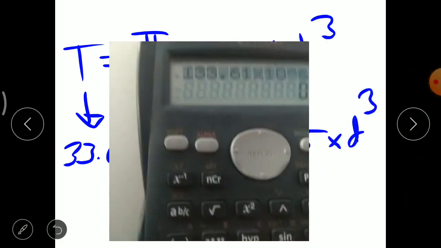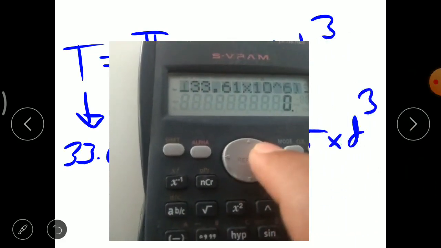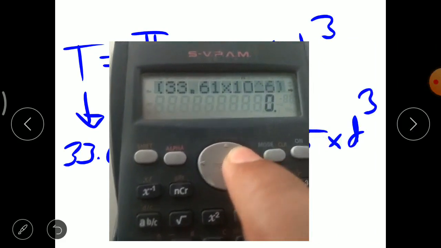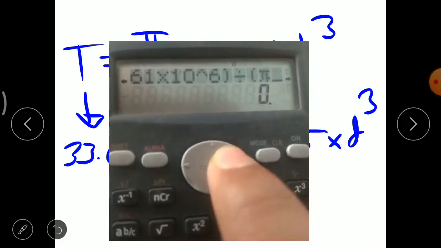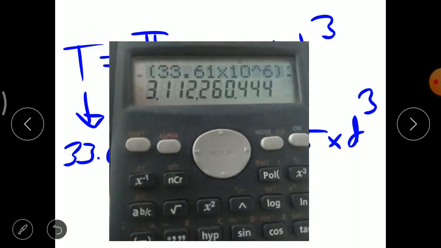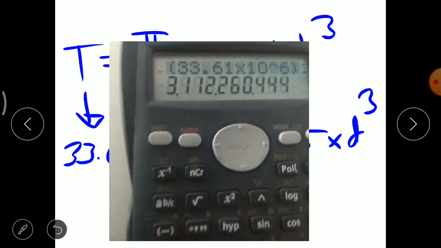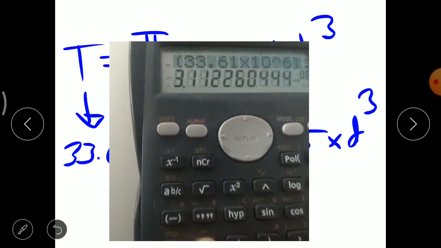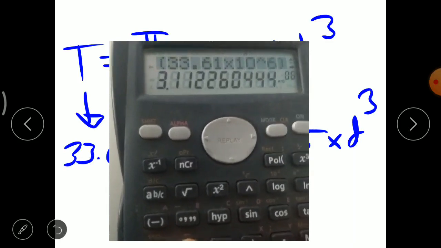What I will get is 33.61 into 10 raised to 6 divided by pi by 16 into 55, and the value is 3.11 into 10 raised to 6.